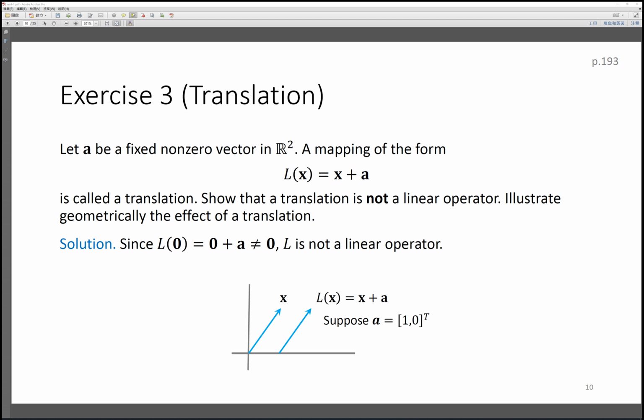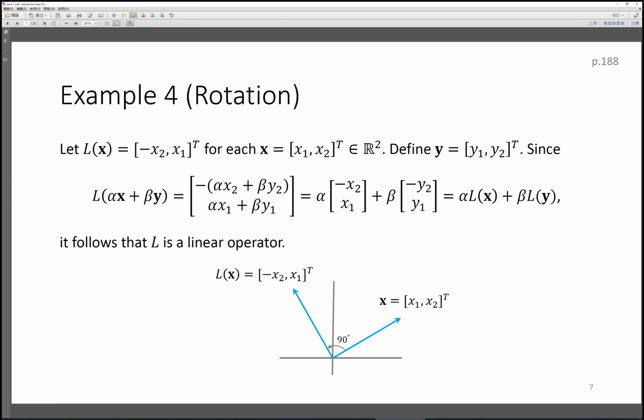If we go back to example 4, recall that the rotation operation is a linear transformation. Therefore, it satisfies L of 0 equals the 0 vector. We can see from the figure that L of x indeed passes through the origin.